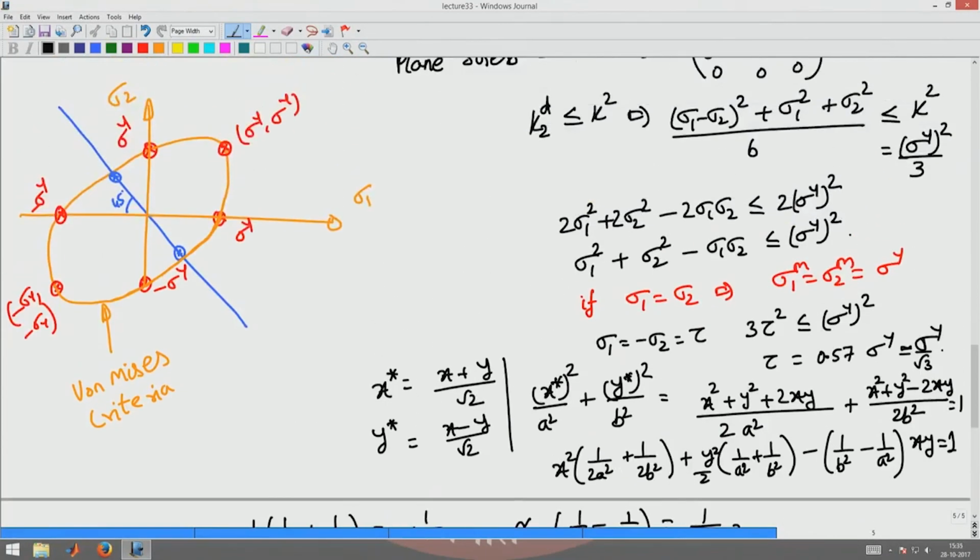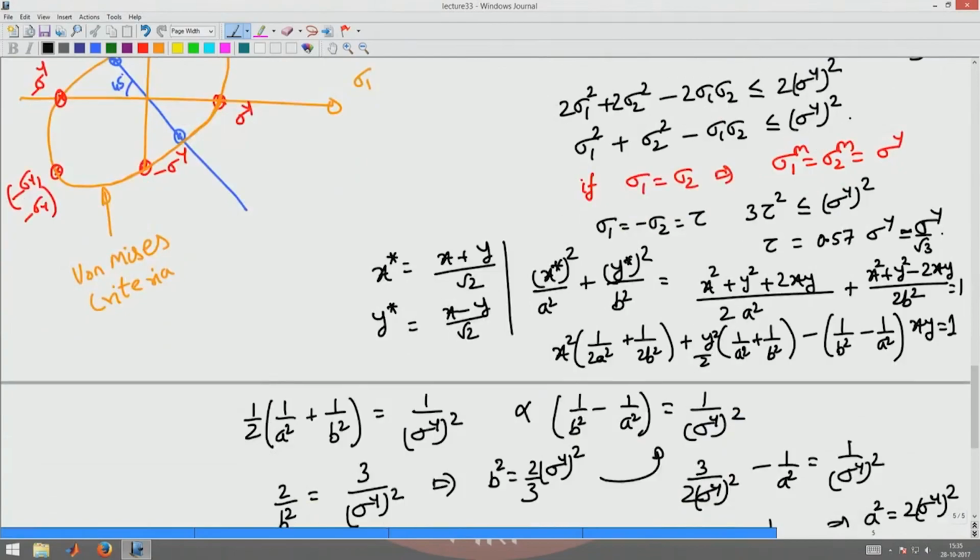Okay. So, that gives us the equation of this ellipse.